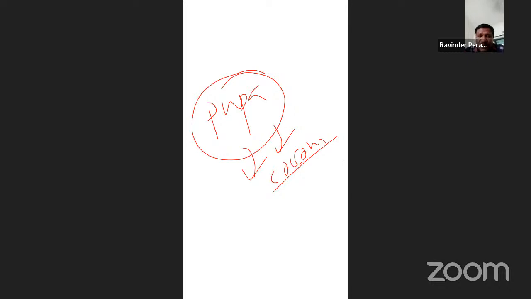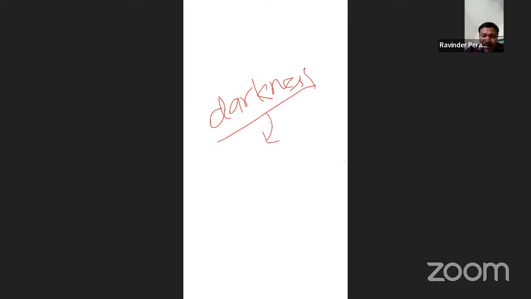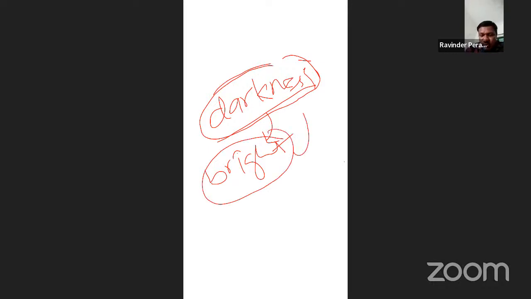Next one. For the moth emergence, we should maintain some specific conditions. What are those? The cocoons must be kept in the darkness, and we should maintain a low temperature. Next, on the expected day of emergence, bright light will be illuminated onto the cocoons.